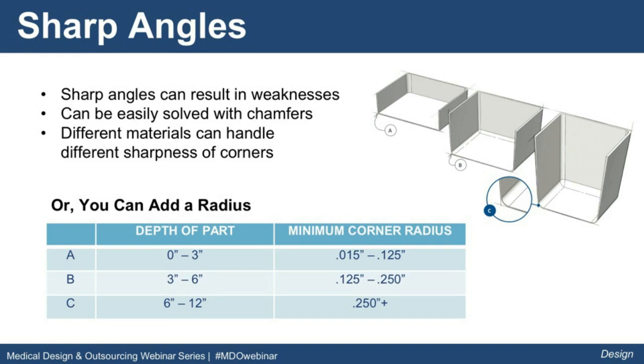If you look at example A, that depth of part is anywhere between 0 to 3 inches. It's going to give you that minimum quarter radius that we're looking for. Same thing with B, depth of part 3 to 6, and C, 6 to 12. You can utilize this when you're designing the part to give you some estimates on the radii and sharpness we're looking for.